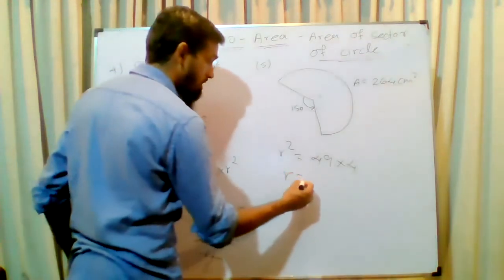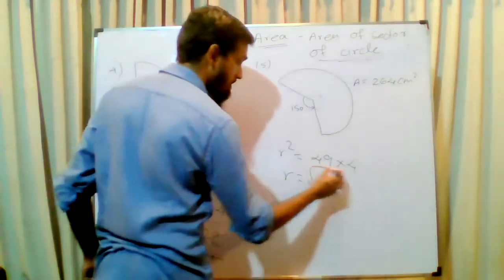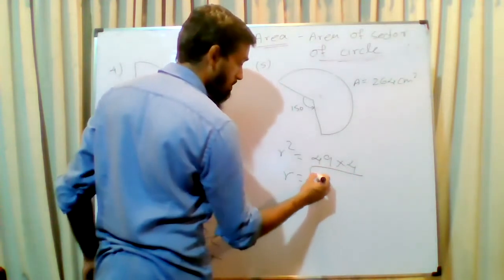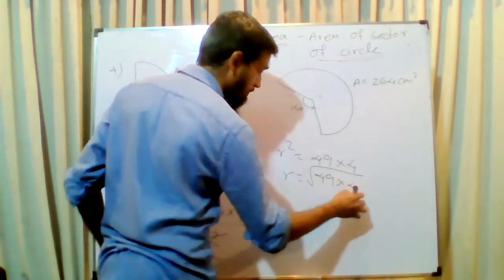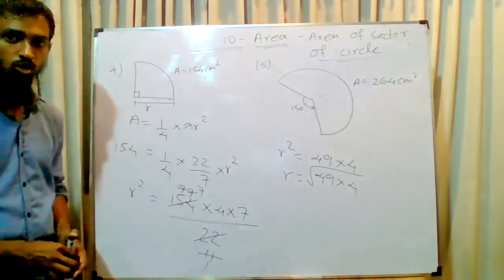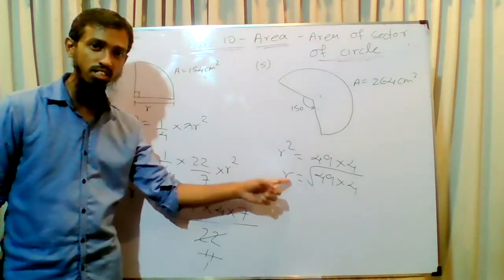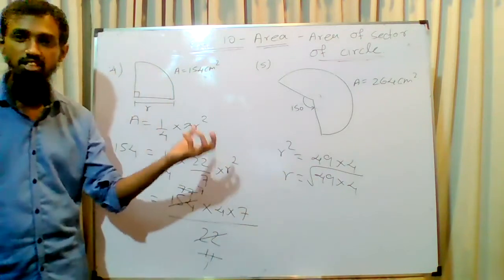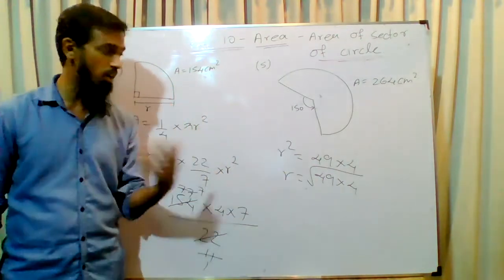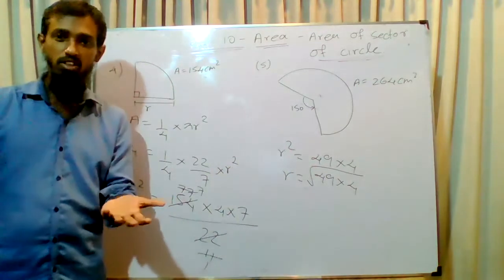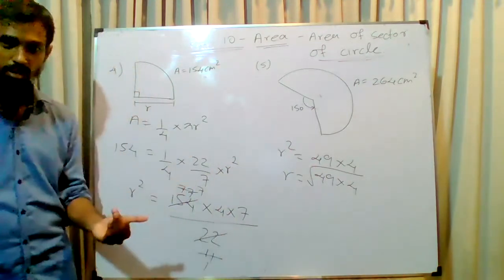So r equal, if you send the square to the other side of the equation, it will be square root 49 into 4. So you know why I multiply only the sevens, because 49 is a perfect square. We have a value 4, it's a perfect square. That's why I didn't multiply.